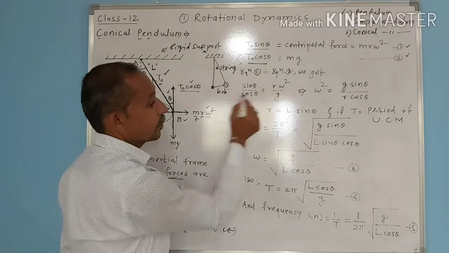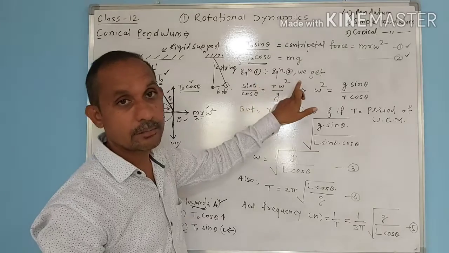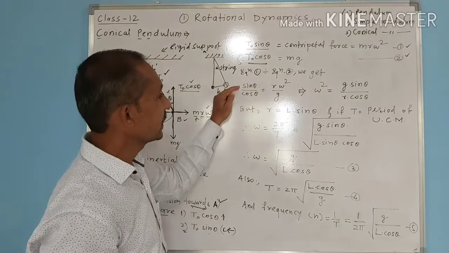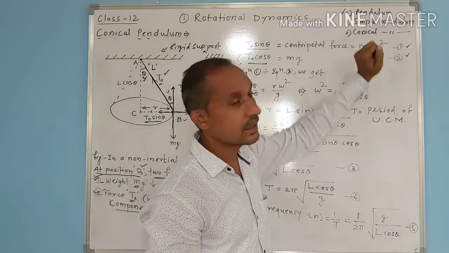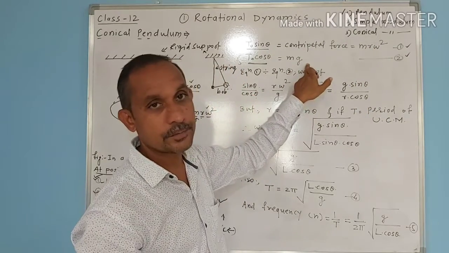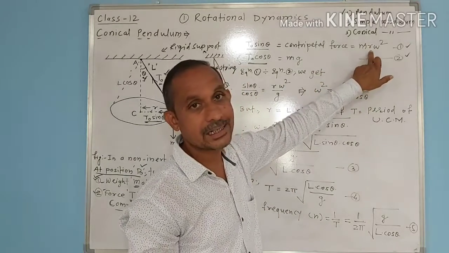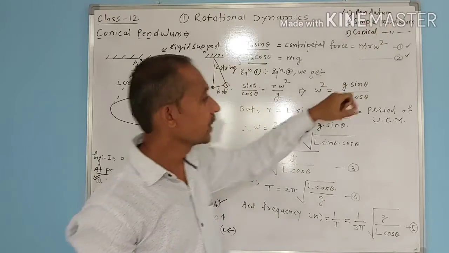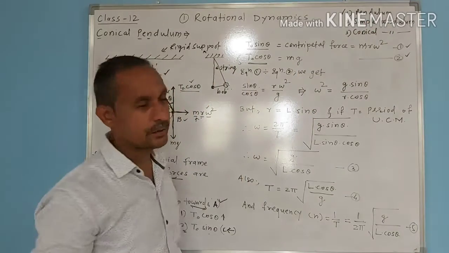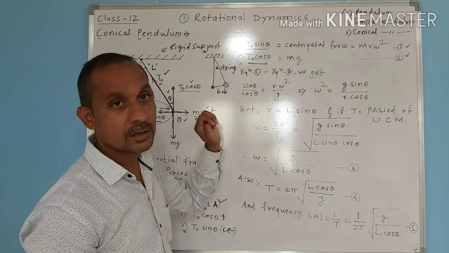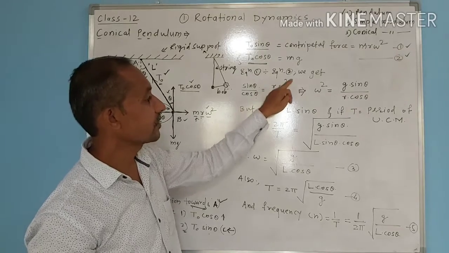We get sin theta upon cos theta. So on the left hand side, after dividing equation 1 by equation 2, we get sin theta upon cos theta. Now on the right hand side, m r omega square divided by mg, m will get cancelled. So the remaining term is r omega square divided by g. So after dividing, we get sin theta upon cos theta is equal to r omega square upon g.